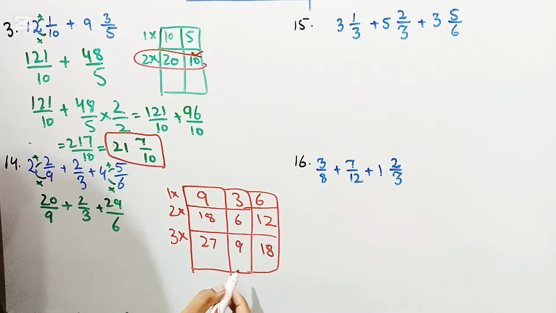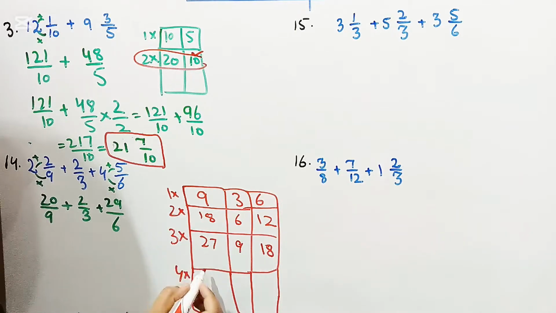Next, when we multiply with 4, 36. 3 4s are 12. 6 4s are 24.